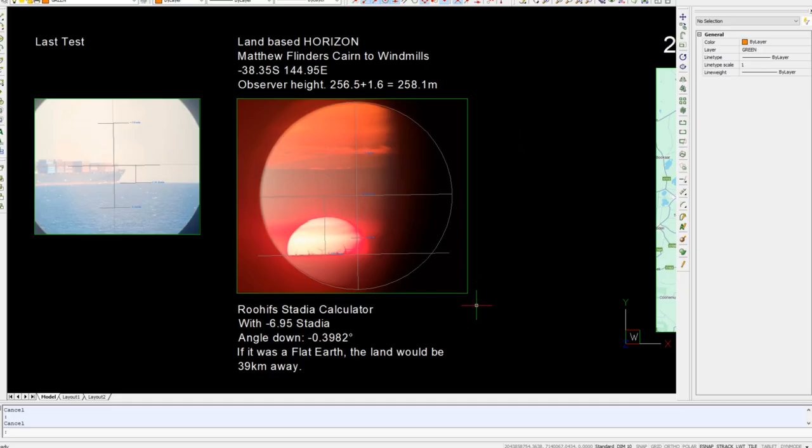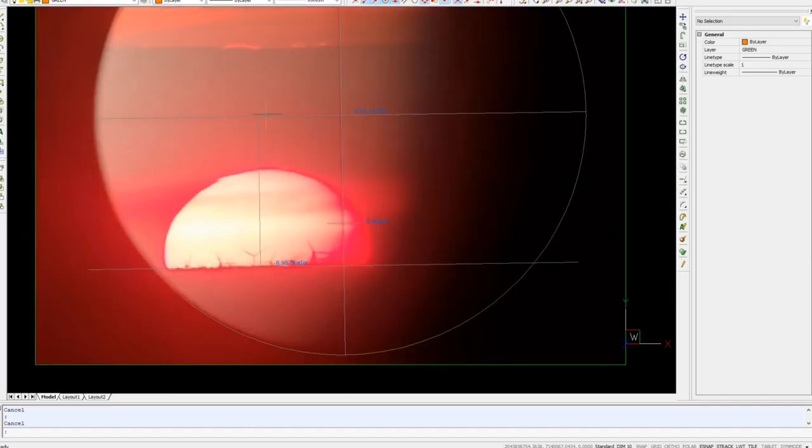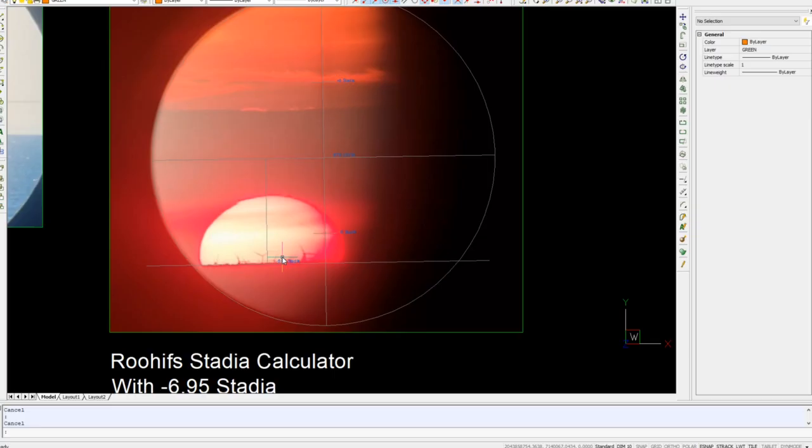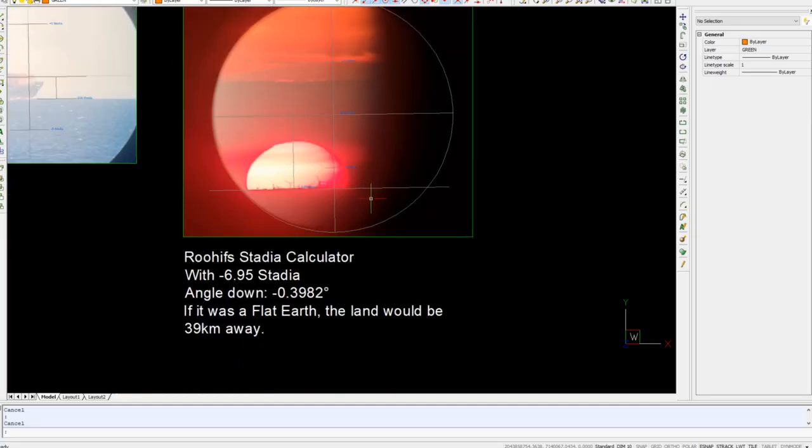And according to Roohif's stadia calculator, about -6.95 stadia down. So this was this distance down here. Once I scaled it, I got -6.95 stadia down. And so I estimated the angle down to be 0.3982 degrees down.